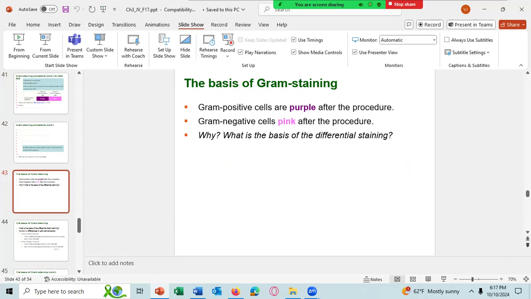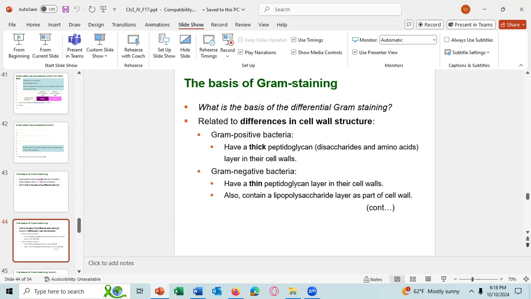But why do the gram-negative cells stain pink and the gram-positive cells stain purple? What is the basis of the differential staining? It's because the gram-positive cells have a thick peptidoglycan layer. This thick layer of peptidoglycan retains the crystal violet iodine complex.